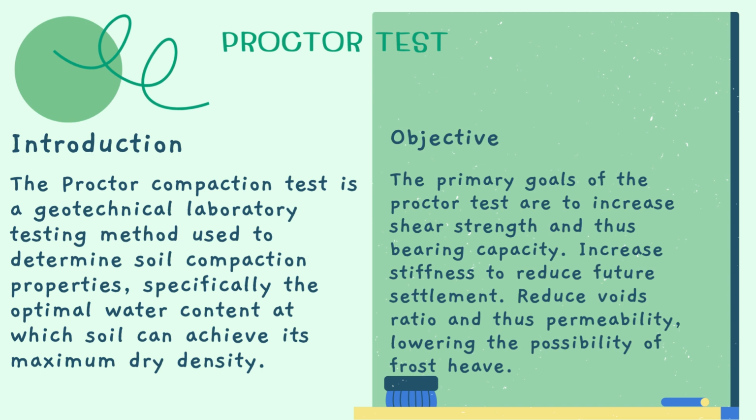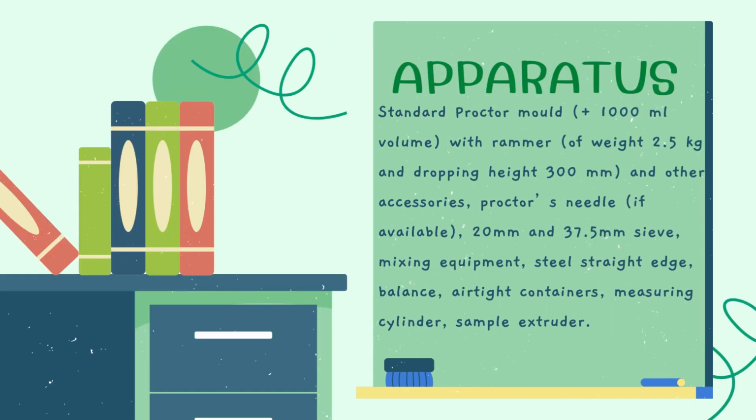The primary goals of the Proctor test are to increase shear strength and thus bearing capacity, increase stiffness to reduce future settlement, reduce void ratio and thus permeability, and lower the possibility of frost heave.